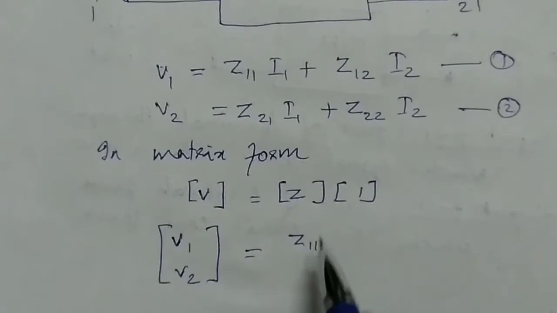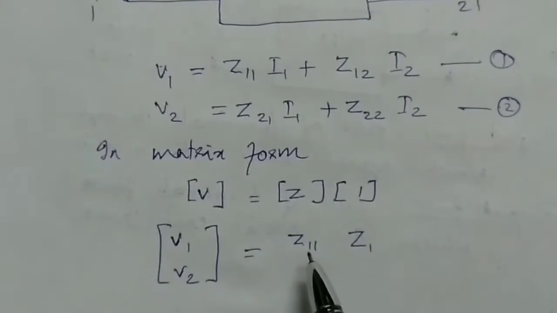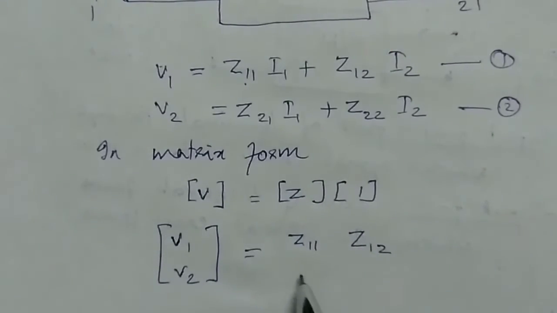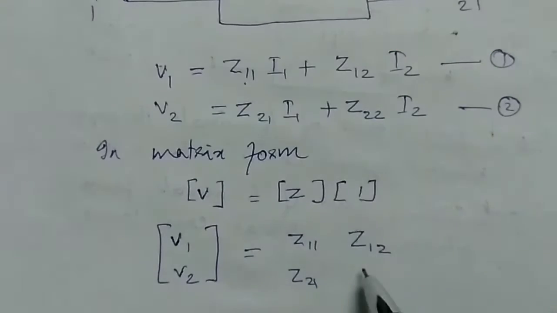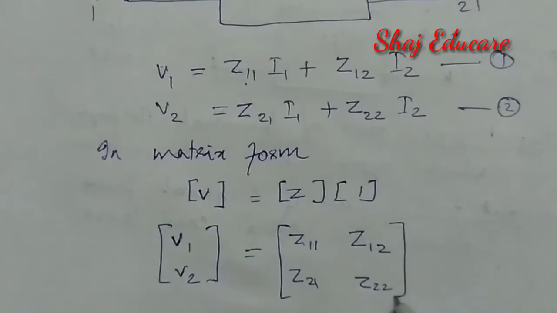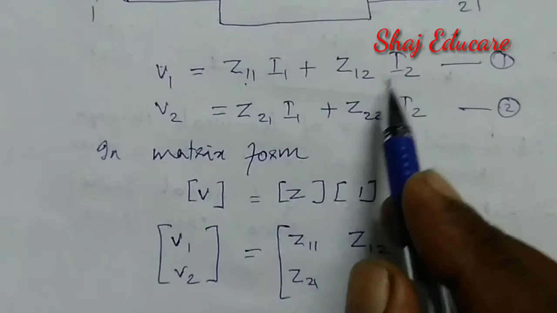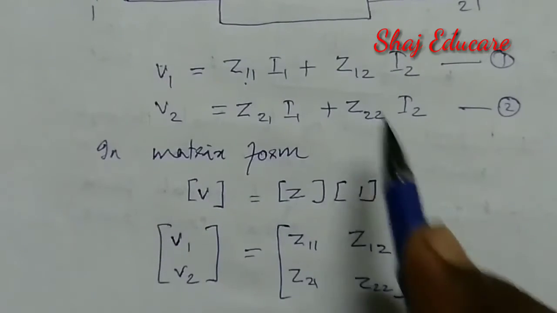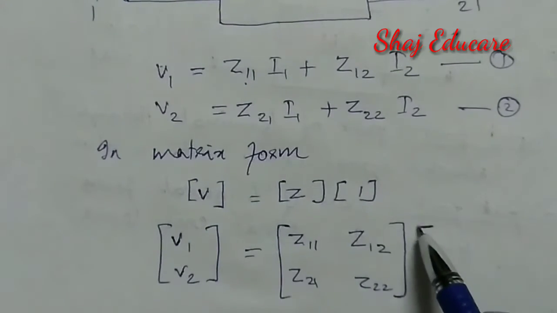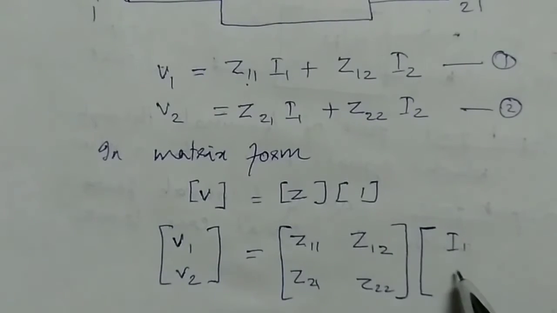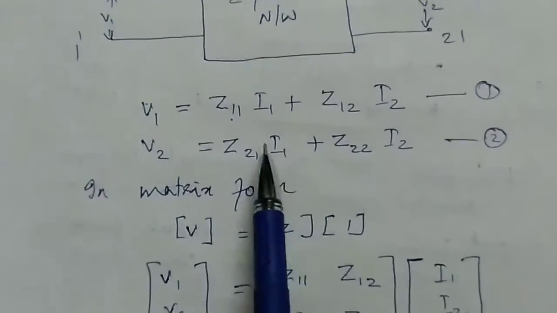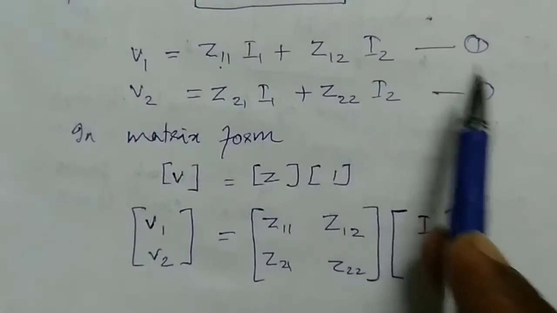Let us express them as a square matrix having 2 rows and 2 columns: Z11, Z12, and the next row Z21, Z22. Now we have 2 currents, I1, the input current, and I2, the output current, in the form of a column matrix. This is the matrix representation for the open circuit impedance parameters, that is, for equations 1 and 2.